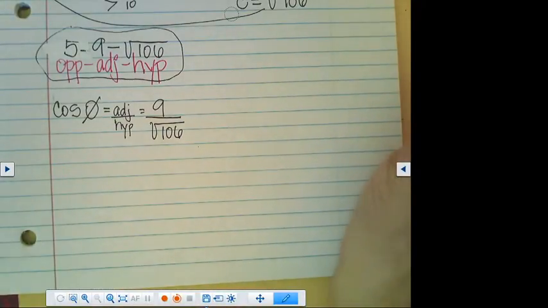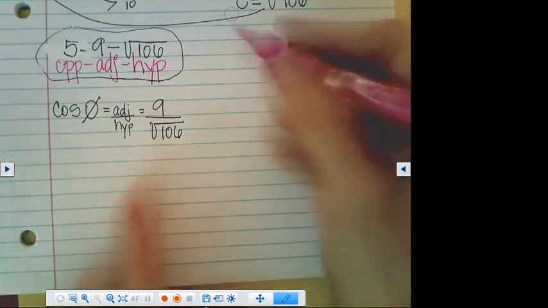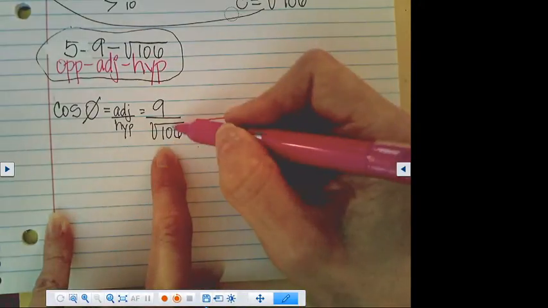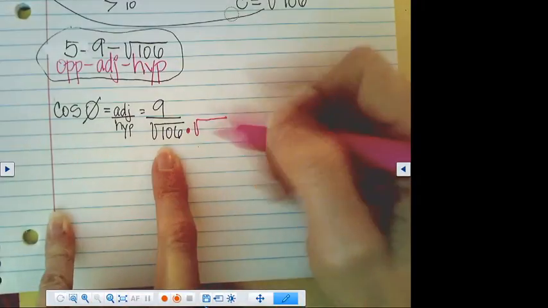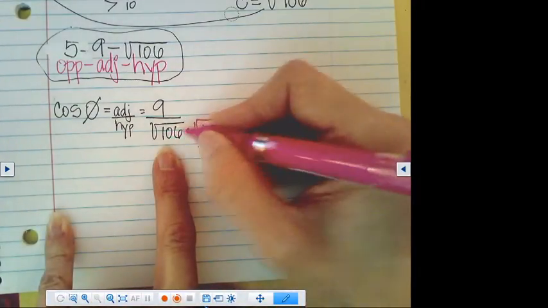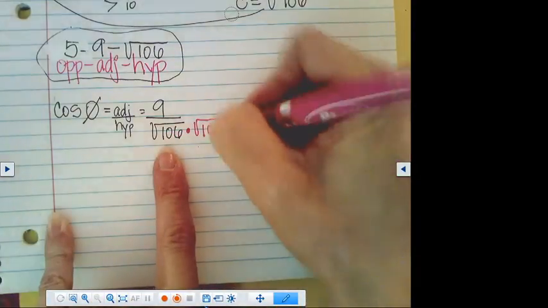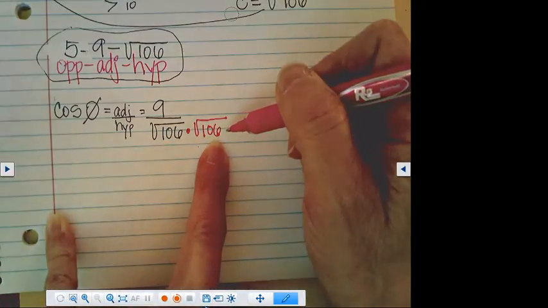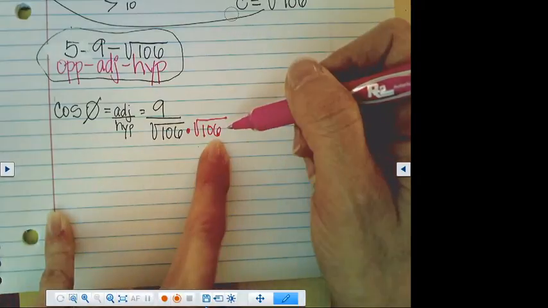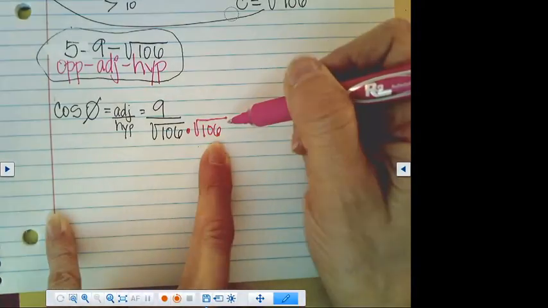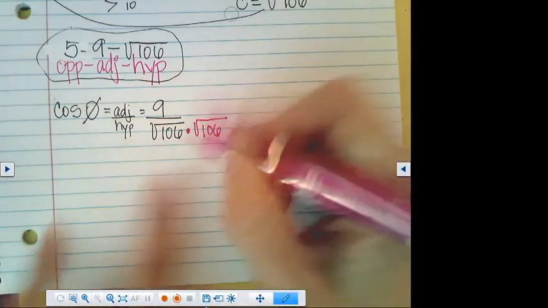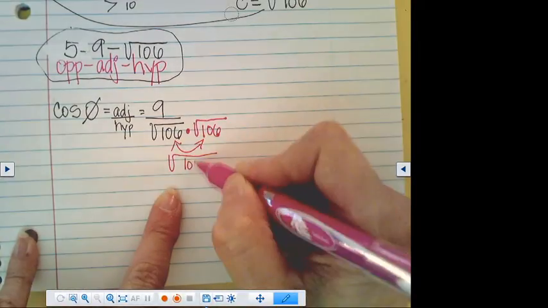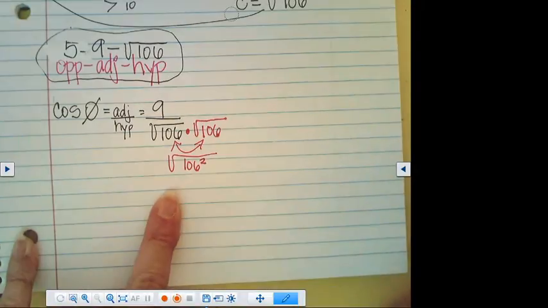So the whole point is that you don't want that square root of 106 in your denominator. And so to create a rational denominator, you simply multiply the square root of 106 by itself. The square root of 106 times the square root of 106 is 106, okay? Because what's happening here, guys, is that you've got the square root of 106 quantity squared.